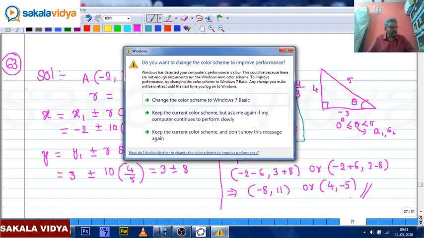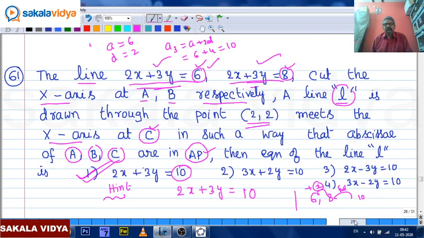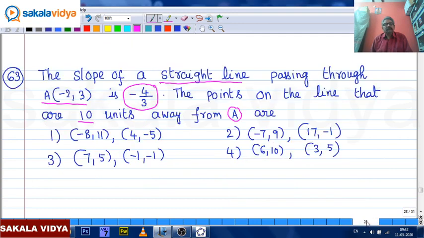Understood now? So the first option is the right option.